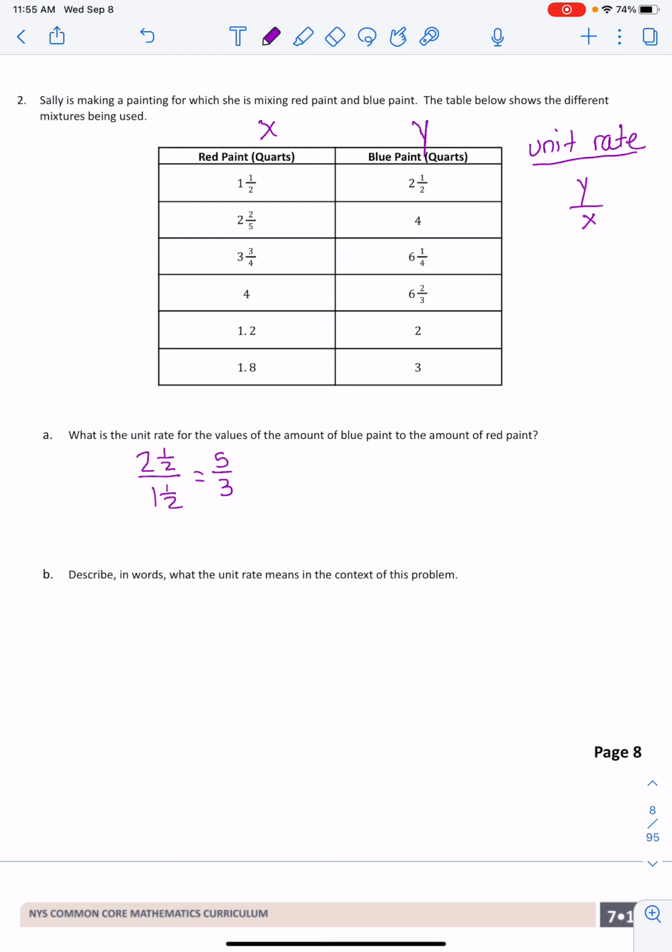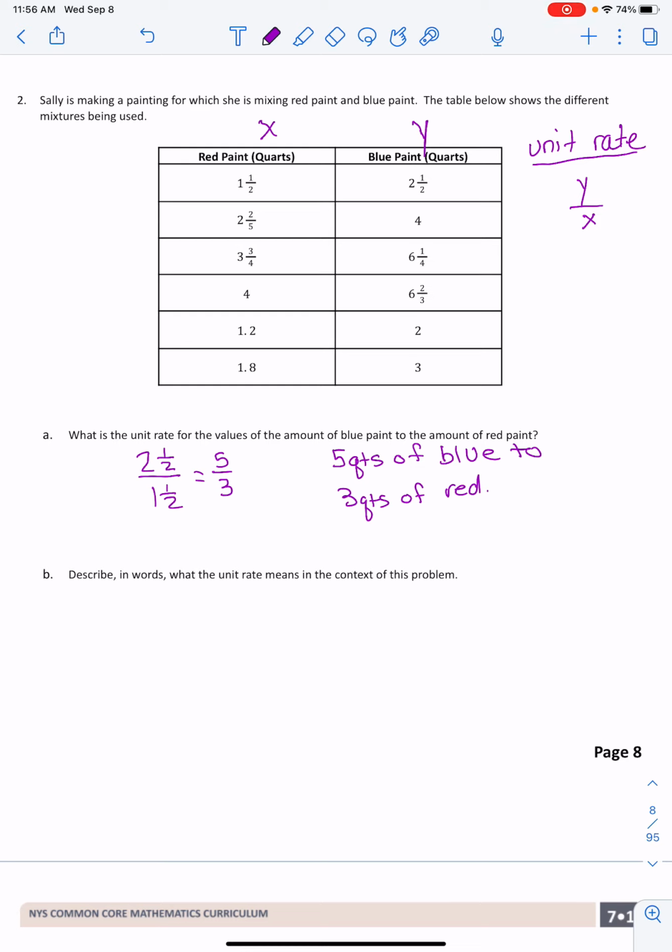So in other words, 5 quarts of blue to 3 quarts of red.